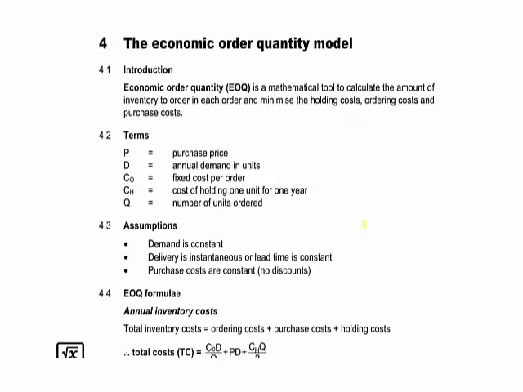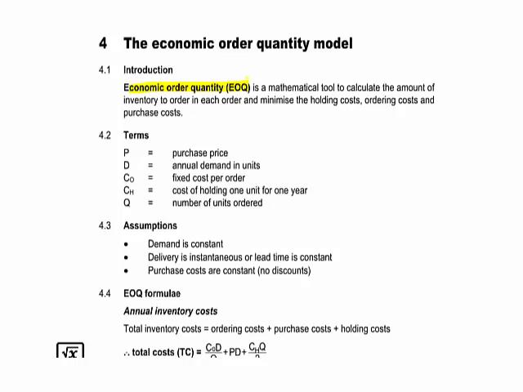You might now be thinking, well, how many units is it appropriate to order at a particular time? The EOQ model aims to balance the holding costs and the ordering costs. So it's a mathematical model, the formula you're given in the exam, to calculate the amount of inventory to hold so that you minimise the holding costs, the ordering costs and purchase costs.